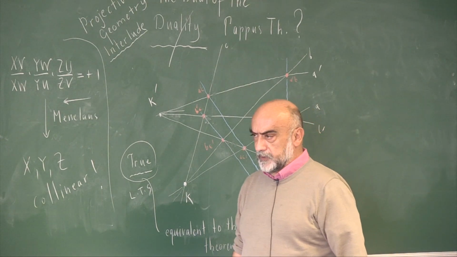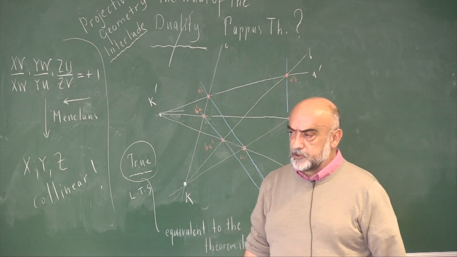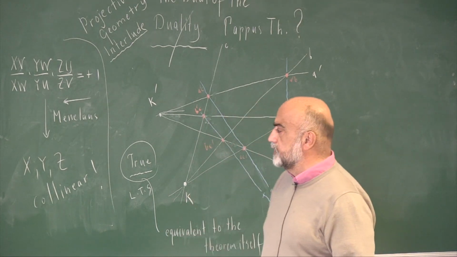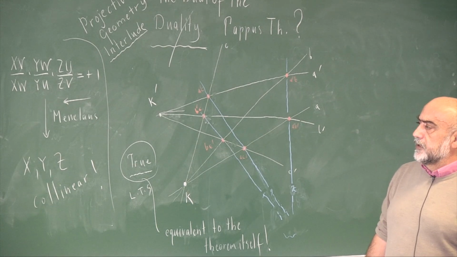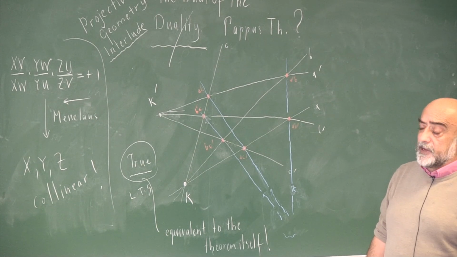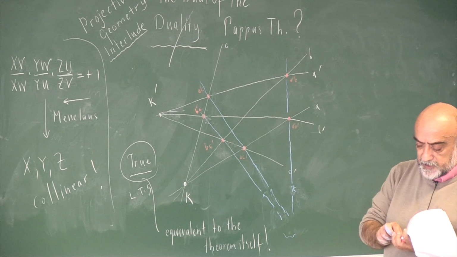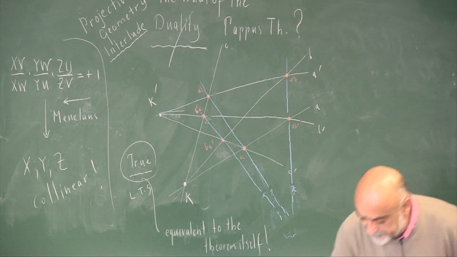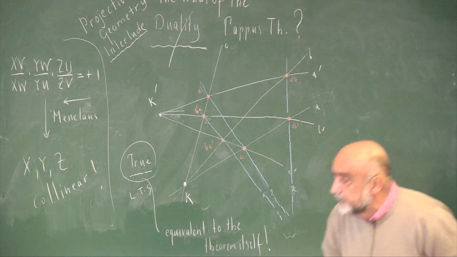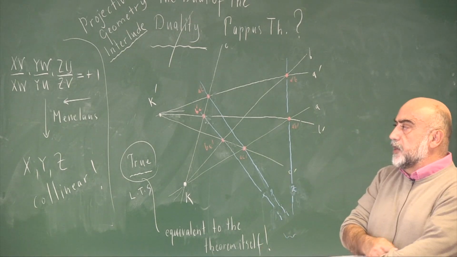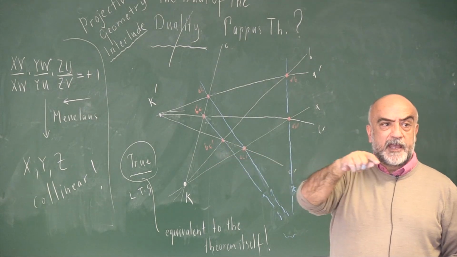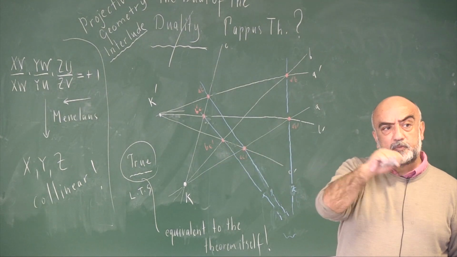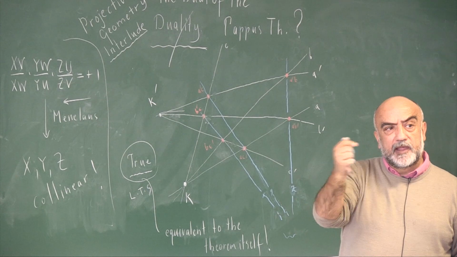I would like to conclude this lecture, perhaps a little prematurely, I don't know, but I think that's quite sufficient. I will ask you one question, and I will leave also that as an exercise. I want you to go through this business of dualizing, that is replacing lines with points and points with lines.